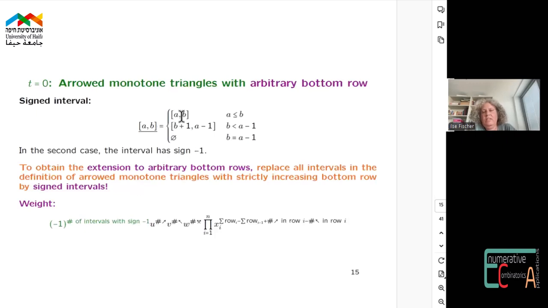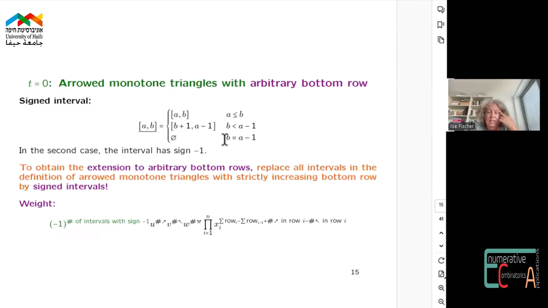It's just the ordinary interval if A and B are in order, so if A is less than or equal to B, and if they are not in order, then you interchange them and you add one to the second one and subtract one from the first. And that's then also an interval. But in the case when B is equal to A minus 1, it's just the empty set.